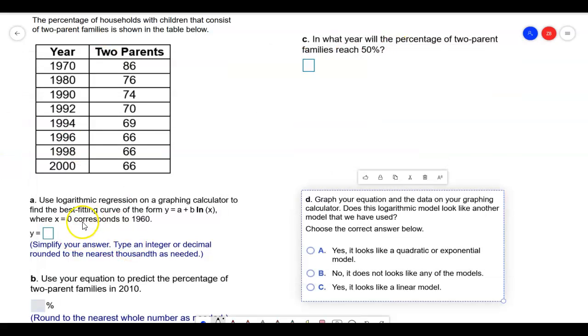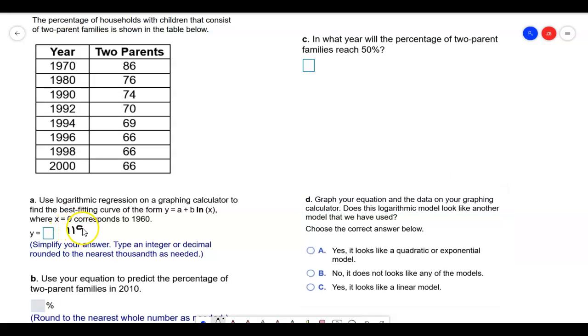When I type it in there, it's going to be a, which was 119.794 rounded. This is to the thousandth place, which is 3 decimal places, 794. And then it's plus, but since I have a negative b, I'm going to do a minus, and this is 14.486.